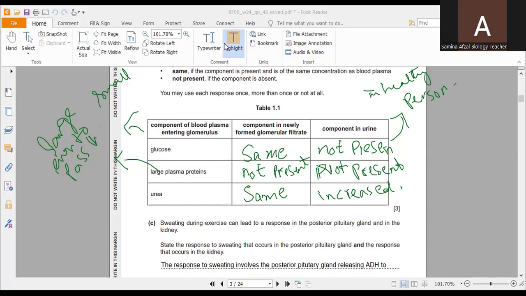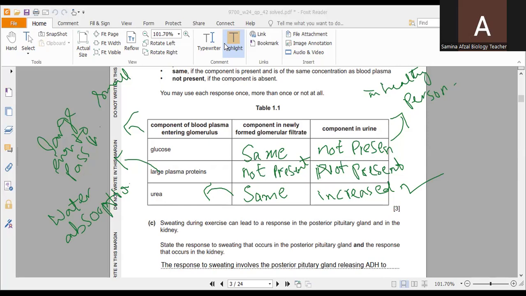Its concentration is the same in the glomerular filtrate, but when water absorption takes place, due to water absorption its concentration is increased. So at that time, it will be concentrated over here.